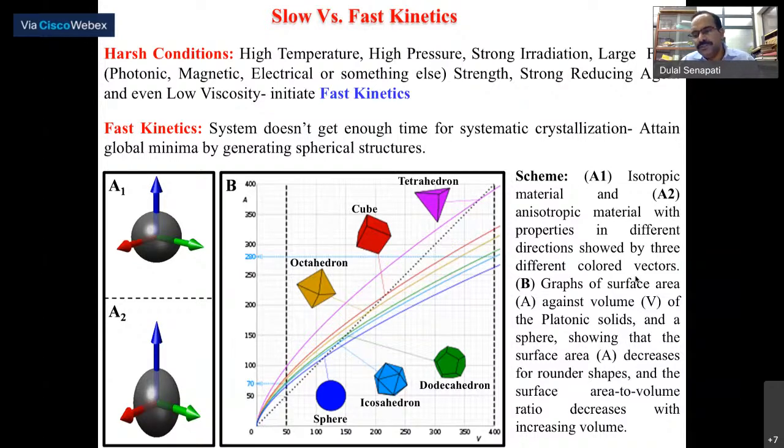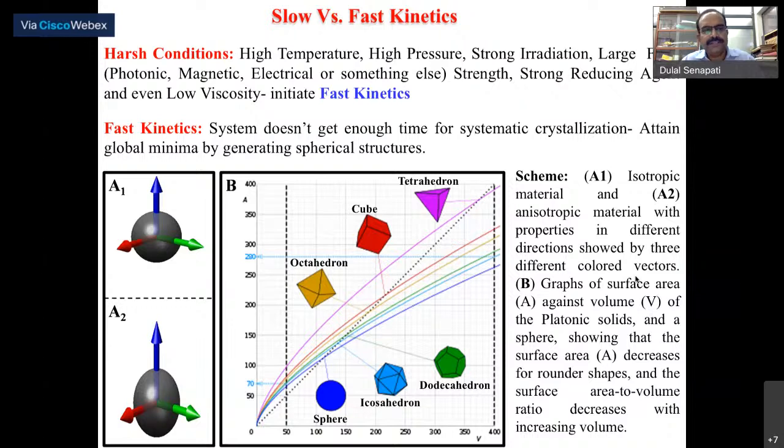Strong reducing agents, as I told, are sodium borohydride, lithium aluminum hydride, or the nascent hydrogen. Or even low viscosity. Low viscosity means the ions or the reducing agents are all very mobile, so they can come close to each other very fast. All those things favor fast kinetics, and this fast kinetics will give you the spherical particle.